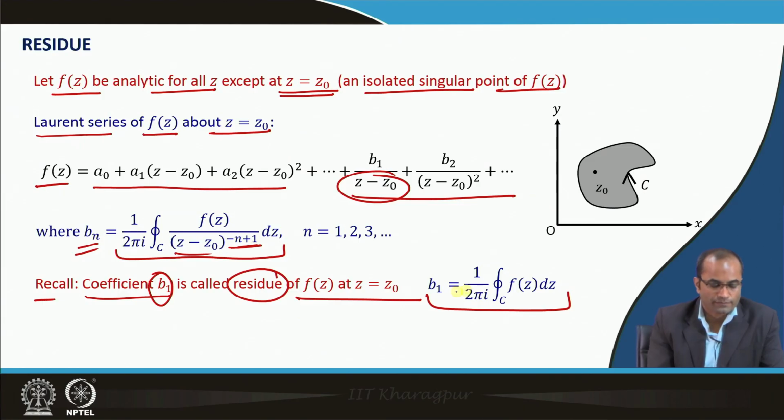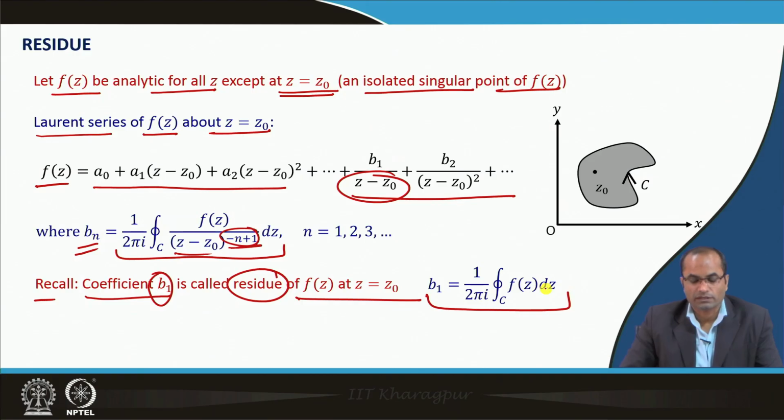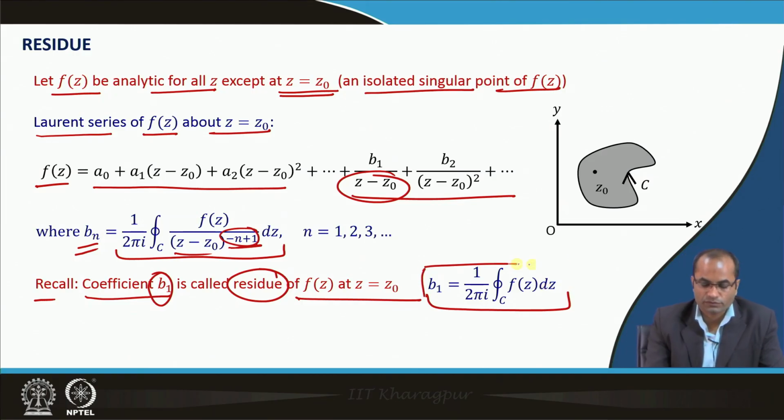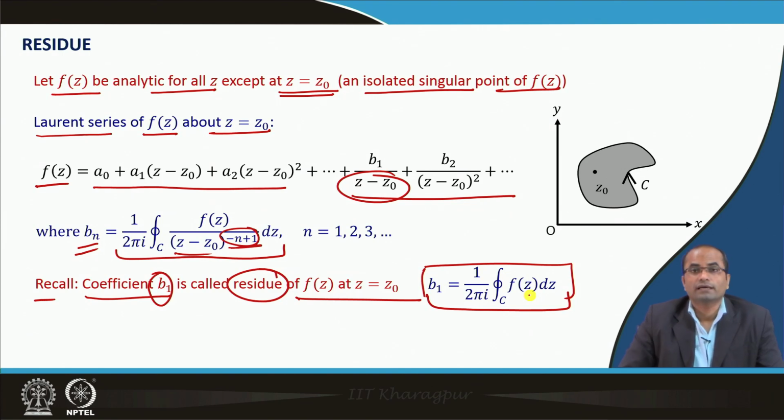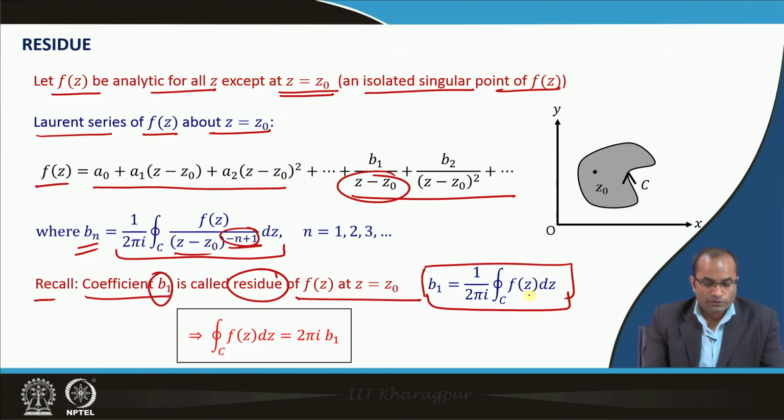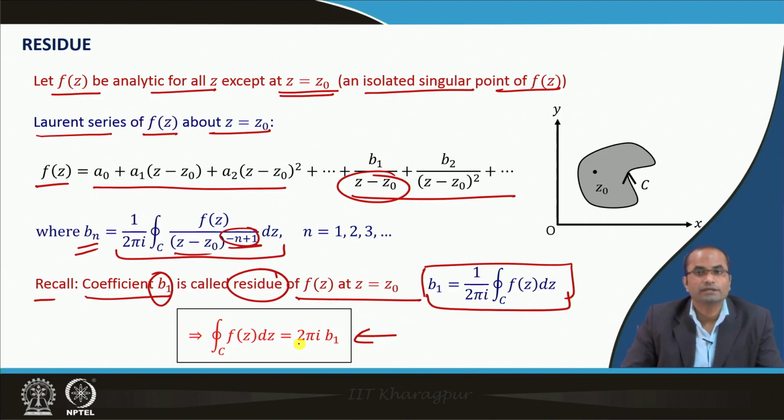If n is 1, the power becomes 0, so there is no term z minus z naught, and b 1 equals 1 over 2 pi i times the integral of f(z) dz.